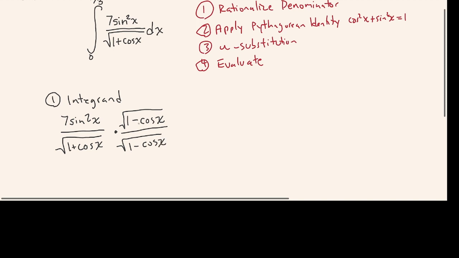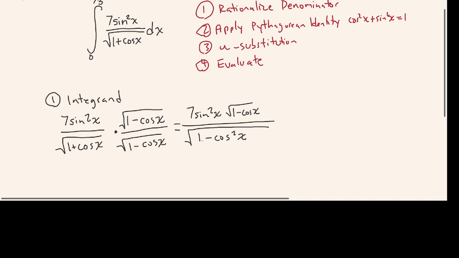And so we're able to multiply this because it's 1. We have the same numerator and denominator. What this will enable us to do is multiply the denominators together, and we'll get 1 minus cosine squared x.